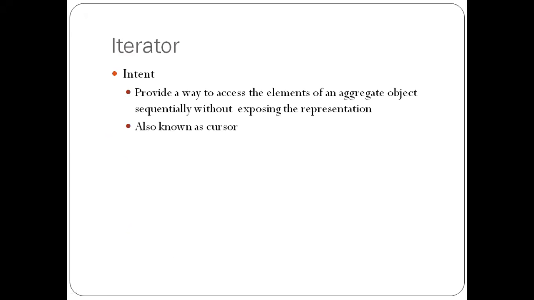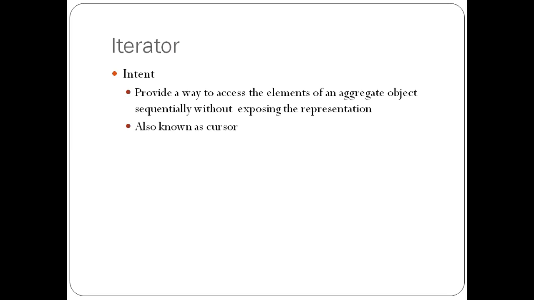Iterator is a pattern for the problem where we have to access the elements of an aggregate object without knowing how the aggregate object is composed and how it is structured. What are aggregate objects?